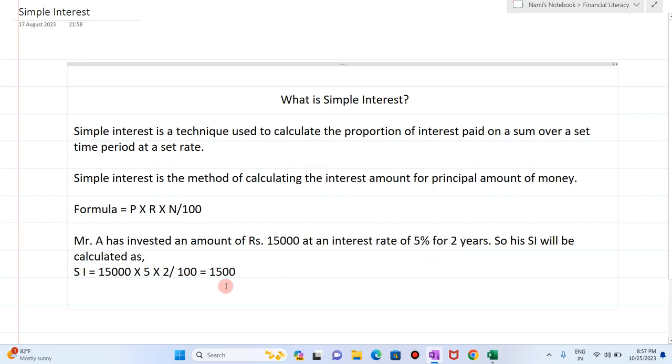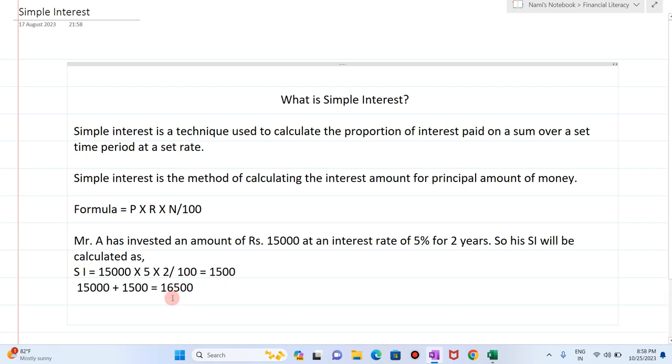That means after 2 years Mr. A will get his principal amount, that is 15,000, plus he is going to get 1500 as his interest.